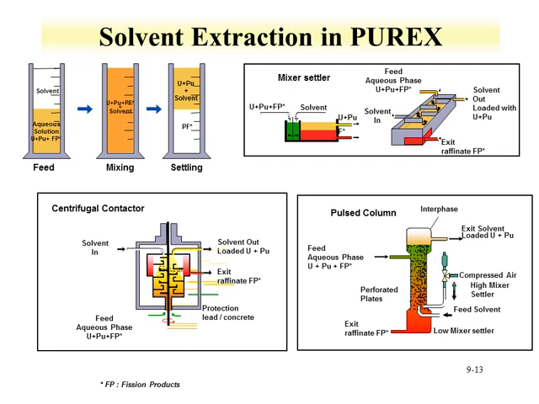On an industrial scale, one cannot use that. There are a few processes that are used. One is shown here, a mixer-settler, where the aqueous and organic phases are put together in a mixer. They're allowed to travel out. As they travel out of this system, the phases separate. An example is shown here, so we could have an aqueous feed of the uranium, plutonium, and the fission products here.